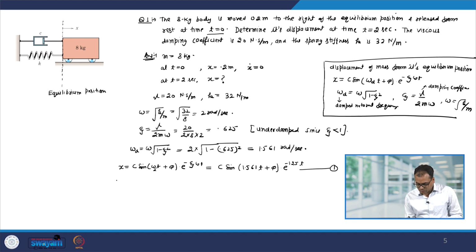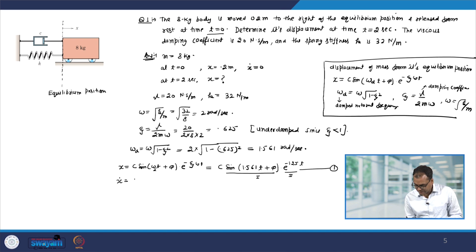Let us look at the velocity x dot. x dot will be the derivative of this. So, let us differentiate equation number 1 with respect to t. Let us say this is the first function and this one is the second function.